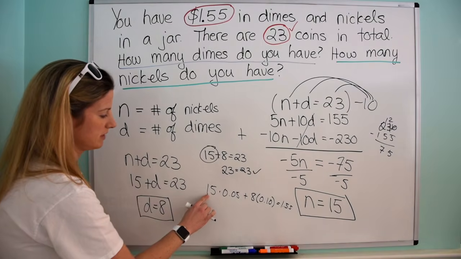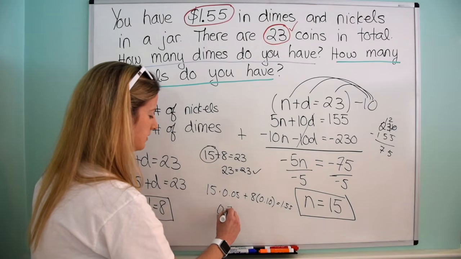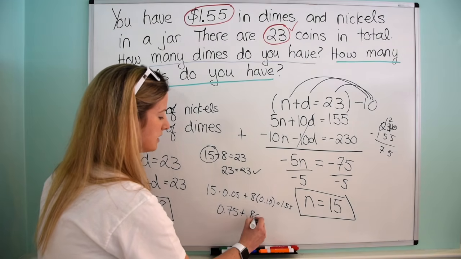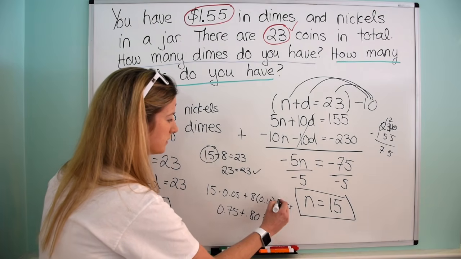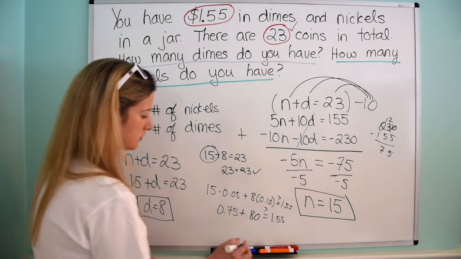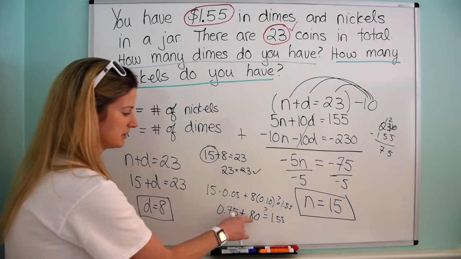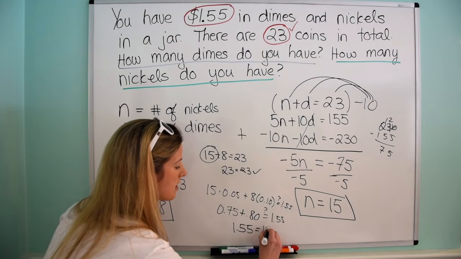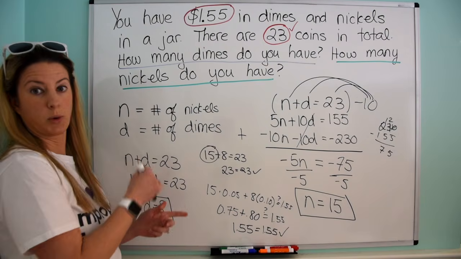So 15 times 5 cents is going to be 75 cents, and then 8 times 10 cents is just going to be 80 cents, and we want to know, does that equal $1.55? Oops, I should put a question mark over there because we're not sure. And then as you can see, I know I'm running out of room here, but 75 cents plus 80 cents is $1.55. Okay, so it worked. So we were able to check our work.